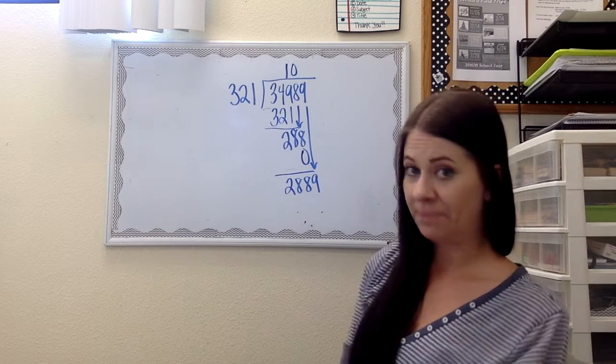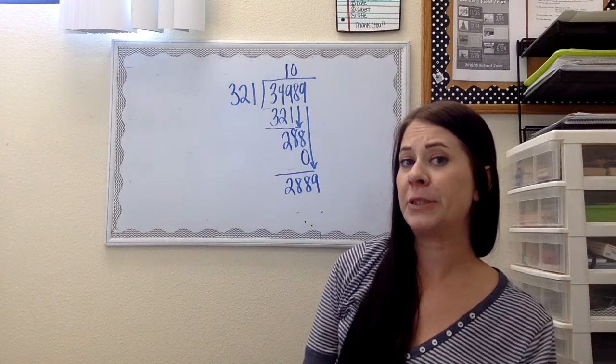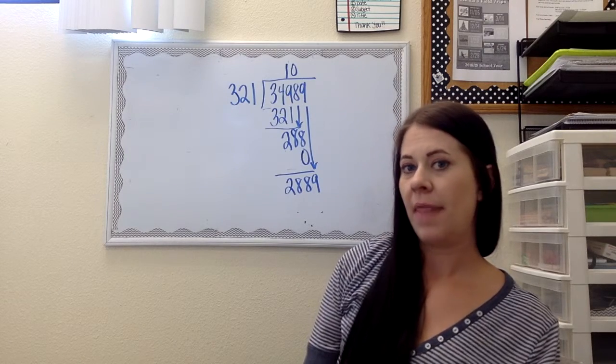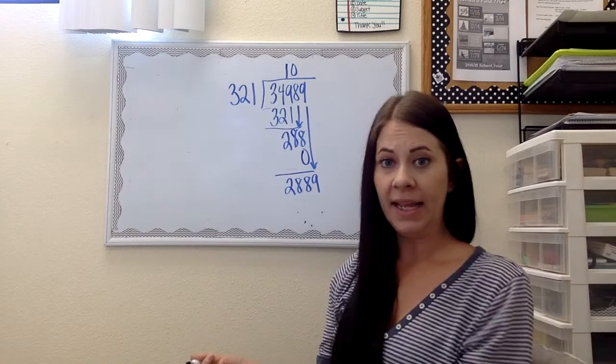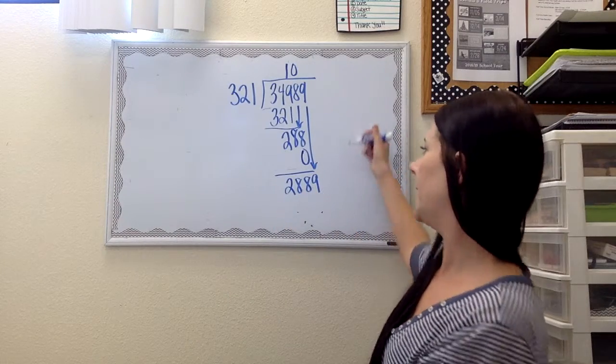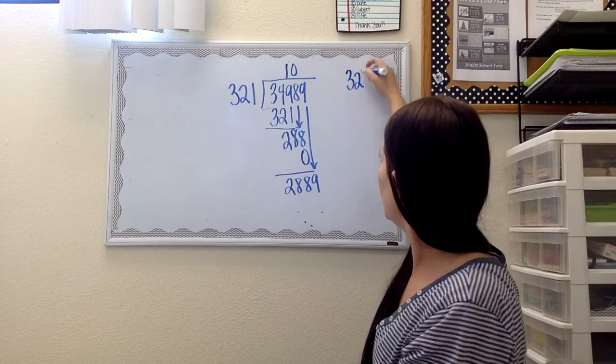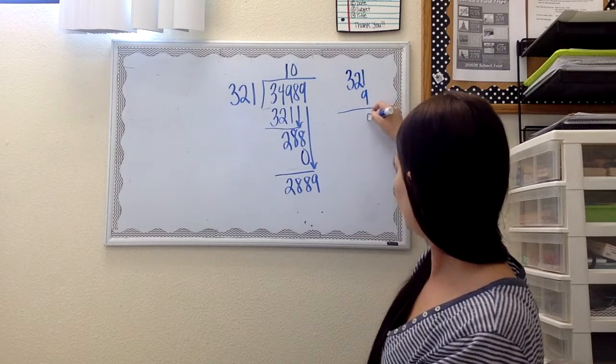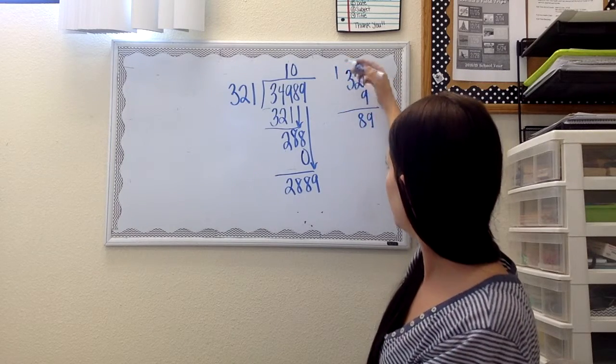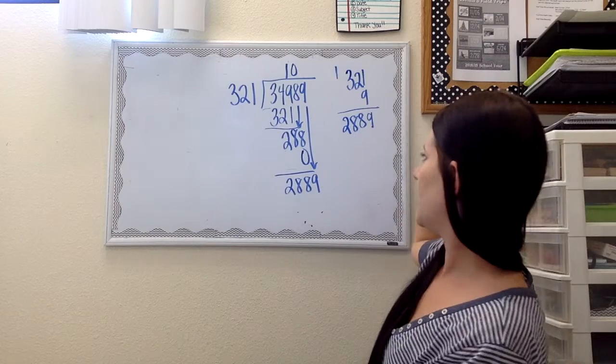So I'm thinking, if I'm really close to 3,200, that maybe multiplying by 9 would get me close to the 2889. So I'm going to try 321 times 9.